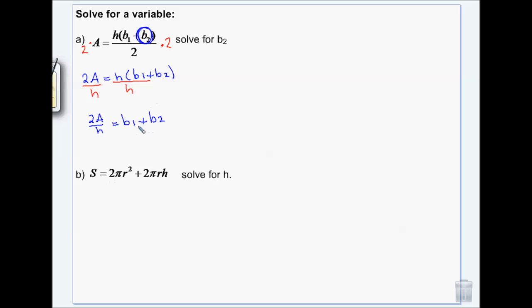To get rid of addition, I subtract. So what I end up with is 2a over h minus b1 is equal to b2. So the same basic steps.